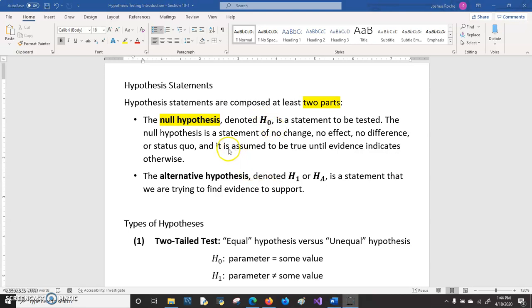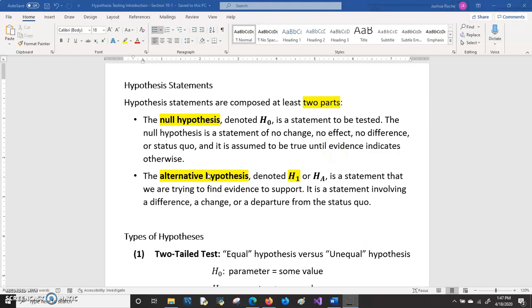The null hypothesis is a statement that there is no change, or no effect, or no difference, or just the status quo. It's the hypothesis that there's nothing unusual, nothing has happened differently in this situation. And it's assumed to be true until your evidence indicates otherwise.